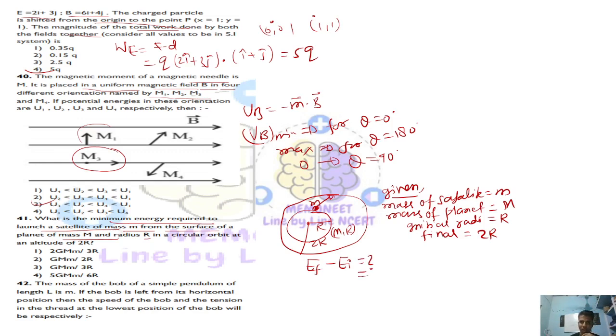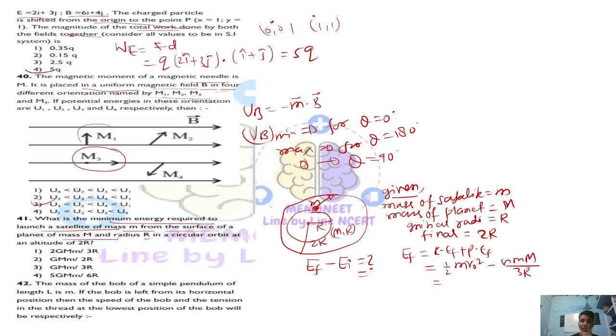E final is equal to kinetic energy final plus potential energy final. You need to write both in terms of potential energy. So it's half m v orbital squared for the final, minus GMm by 3R.